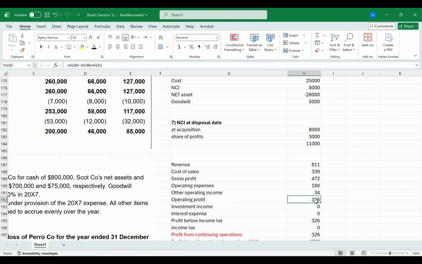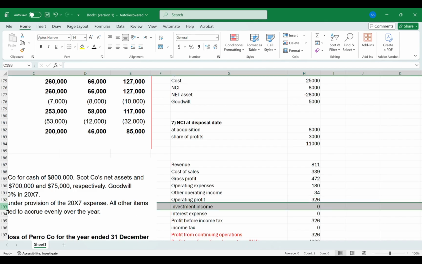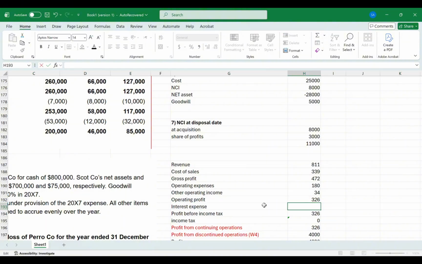Now this 326 is also your profit before financing and income tax. From here I will deduct interest expense. Interest expense is 7 and 8, which is 15,000. So I deduct this and get 311,000.